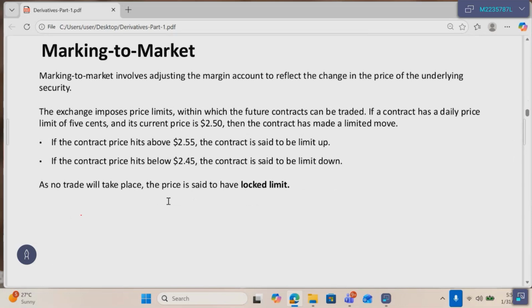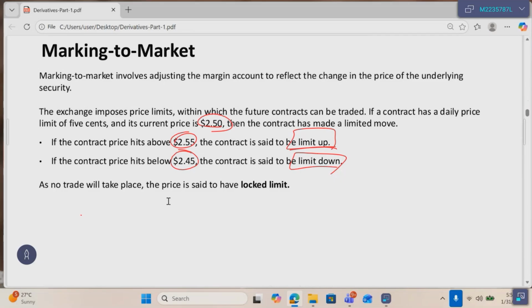I already tried to explain this to you. For example, let's say I have a contract at 2.5, and the contract price goes above 2.5, then it's called limit up. It means it went beyond the limit, above the limit is limit up, and below the limit is limit down.